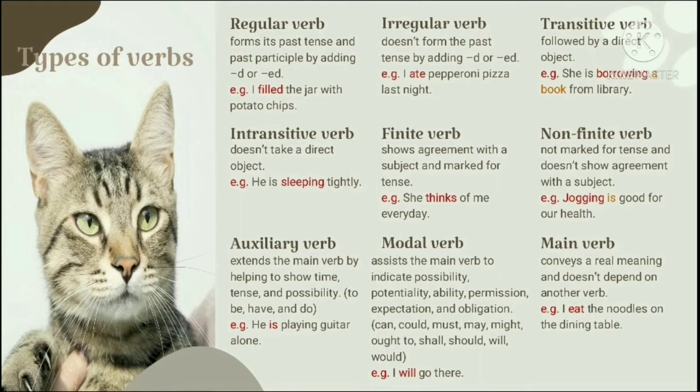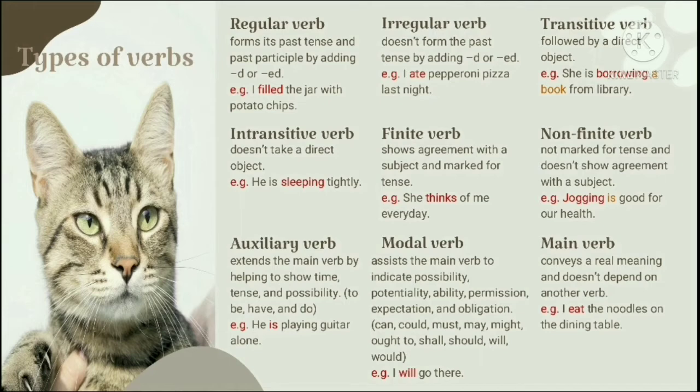The word ate here is the irregular verb because you can see ate is not adding a d or ed in the end. And ate is from the word eat and it has past participle eaten.